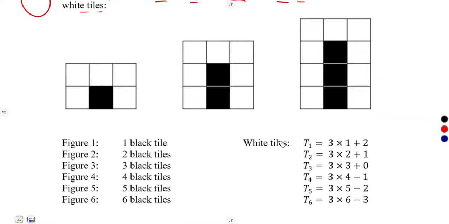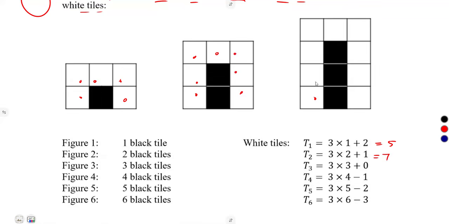But for the white tiles, they are 3 times 1 plus 2. She used these formulas to calculate them, and there's 1, 2, 3, 4, 5 of them, all right? Then here, there are 2 black, but white, 1, 2, 3, 4, 5, 6, 7. There are 7 of them.